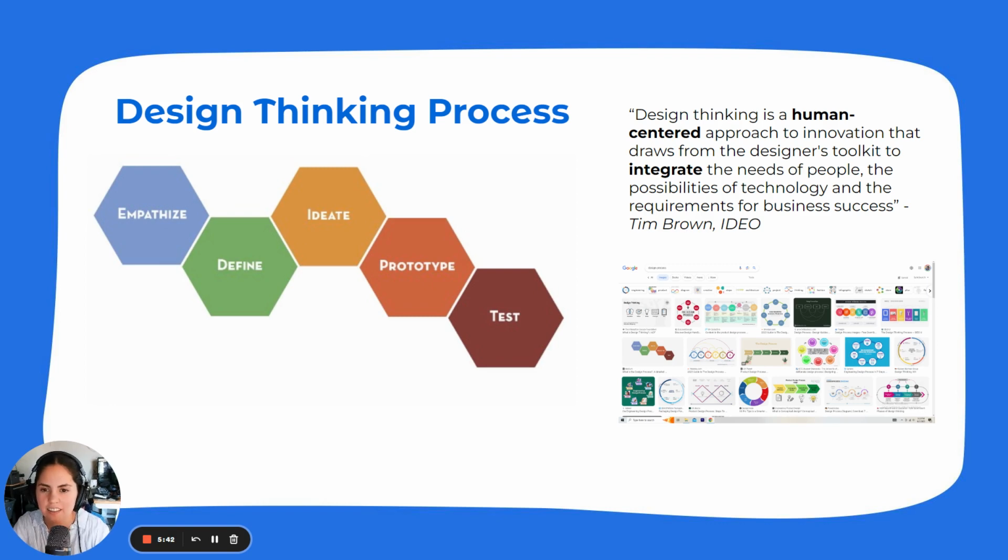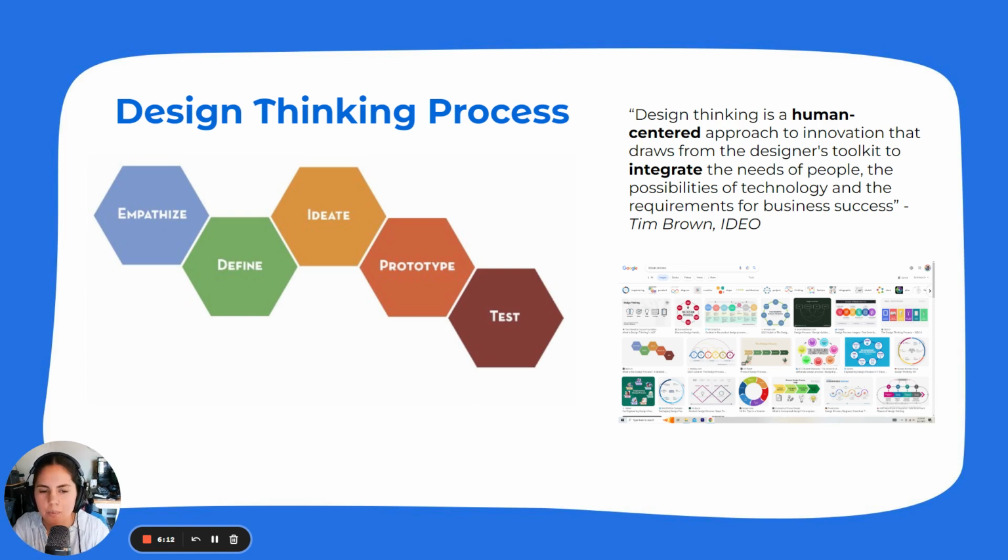The interesting thing here is that they collaborate with different organizations, initiatives, and businesses to solve different problems of all topics. So it says, design thinking is a human-centered approach to innovation that draws from the designer's toolkit to integrate the needs of people, the possibilities of technology, and the requirements for business success.